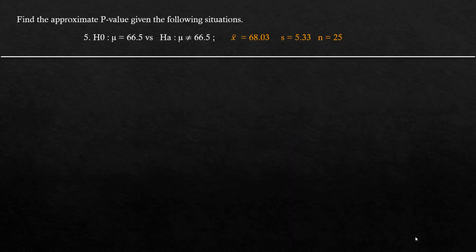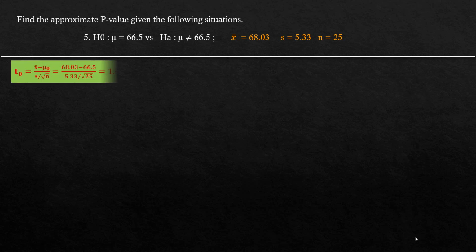The last one is also a two-sided test. But here we have x bar, s, n. To find the p-value, we need to find the t naught test statistic. How do we find the test statistic? You know it is x bar minus mu naught over s over root 10.